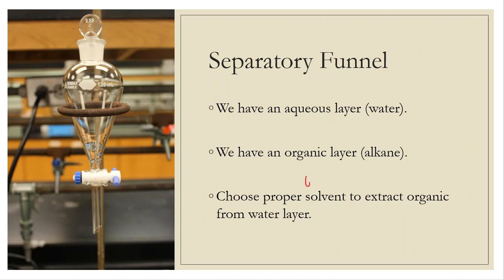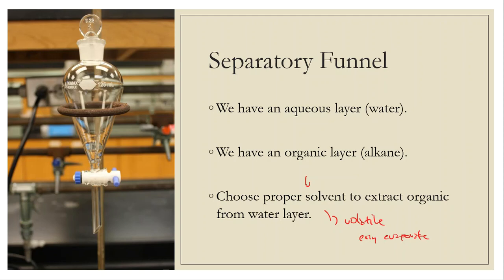Okay, and a proper solvent is going to have to go in and grab that alkane and pull it out of that aqueous solution. But the proper solvent also needs to be very volatile, which means that it should easily evaporate on me. I don't want to pick a solvent that I'm going to have to heat up with a tremendous amount of heat in order to drive it off, just so I can have my alkane that's left over.